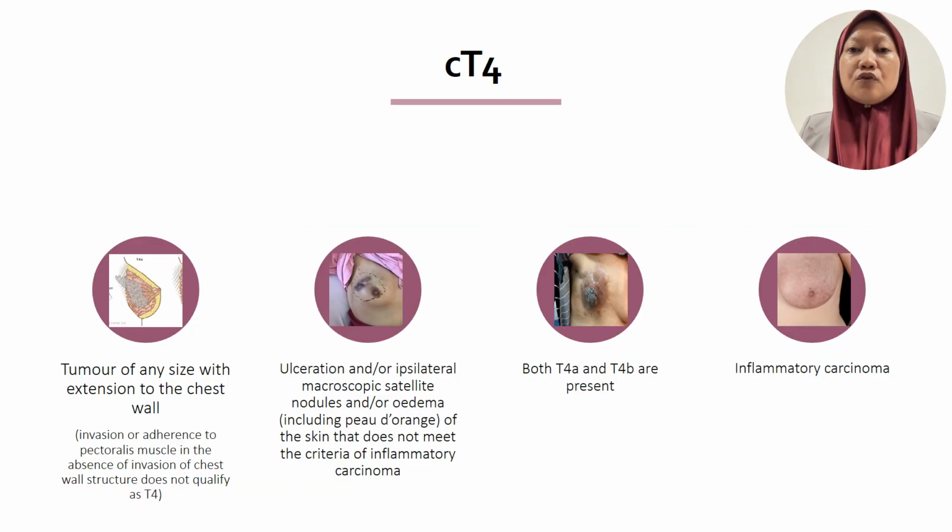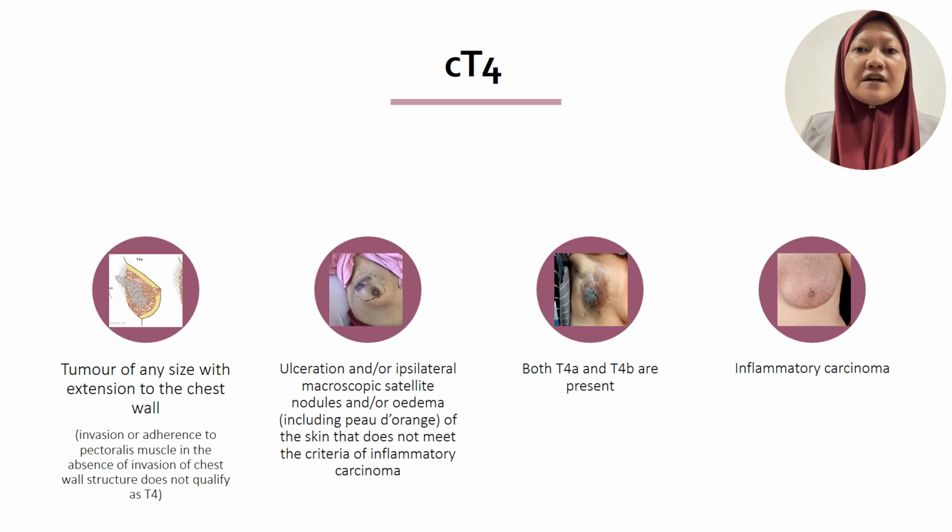Clinical staging for T4 tumors is categorized into 4 distinct types based on the extension of the tumor. T4a, this stage indicates that the tumor has extended to the chest wall, affecting the underlying tissues. T4b, the tumor has invaded the skin, which can manifest as ulceration or other changes in the skin's appearance.